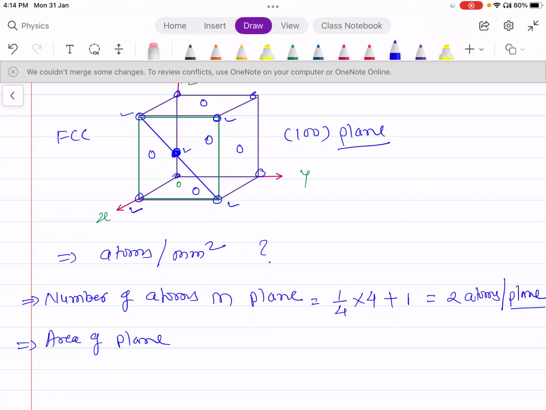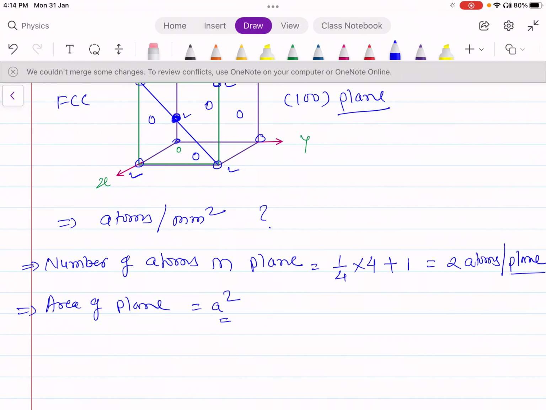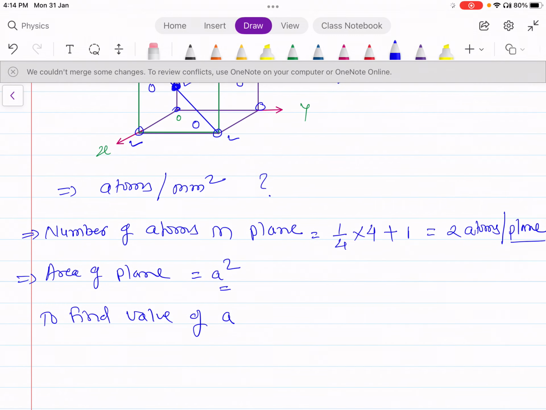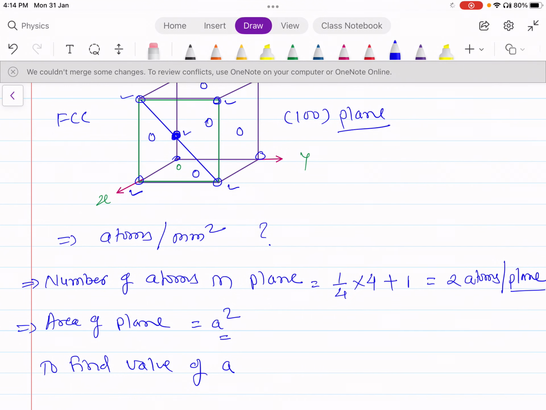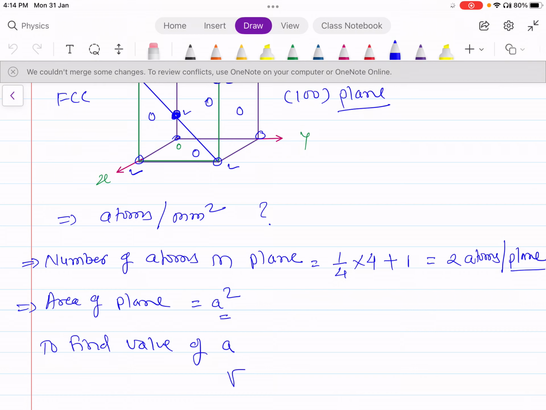And so the area of the plane here in this case is equal to a square. And first we have to find the value of a. To find the value of a, we know that atoms are in contact with each other along the face diagonal. The face diagonal is root 2 a, and that root 2 a is equal to 4r.